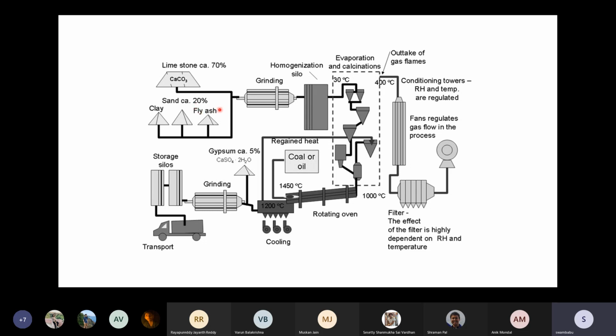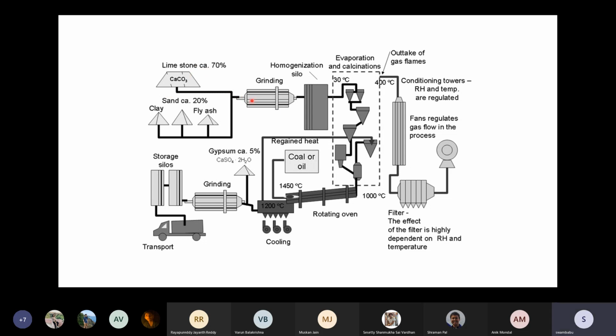Just to reduce the cost of the cement, and it also has hardening upon hydration capacity, they will add a little amount of fly ash to reduce the cost of the production process. In theory we don't need fly ash to be added, but just to mitigate the cost, they add this fly ash or slag from other industries. So all three are mixed.